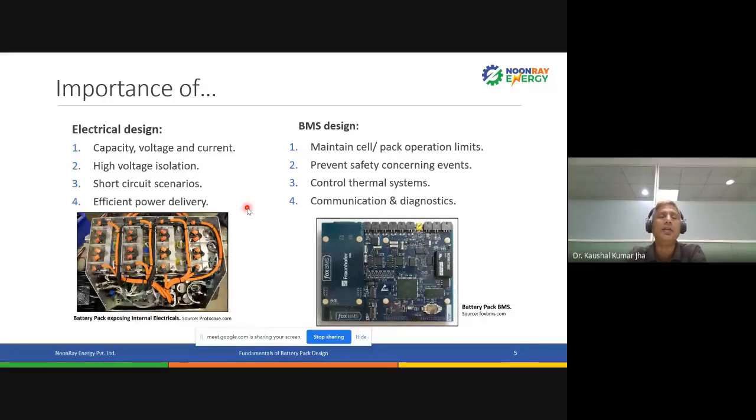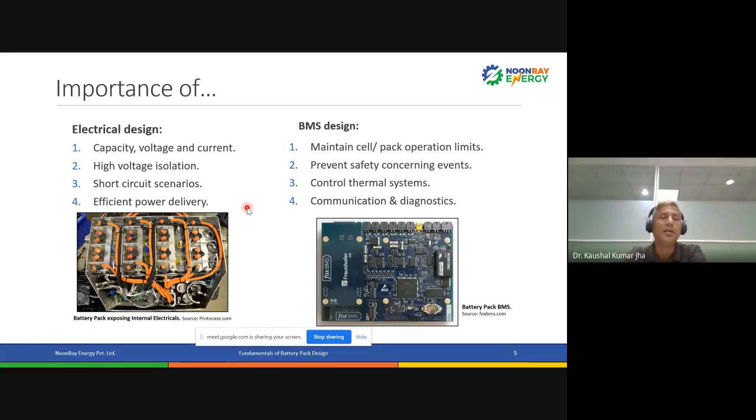Another scenario which can come up in such a situation is a short circuit. If the positive and negative terminals of any wires touch, what will happen? High current will be drawn, and when high current is drawn, the battery will get heated up like anything, and at the end of the day, it may trigger thermal accidents.